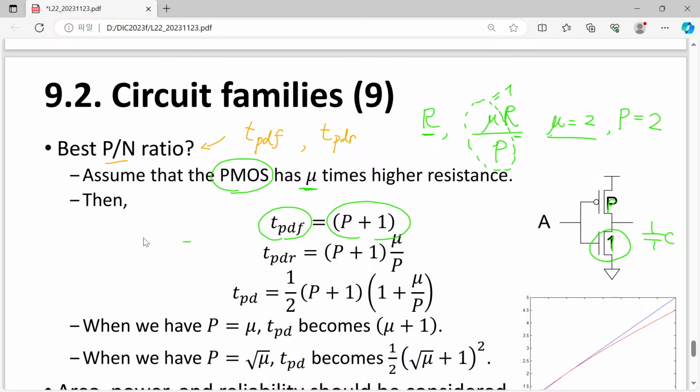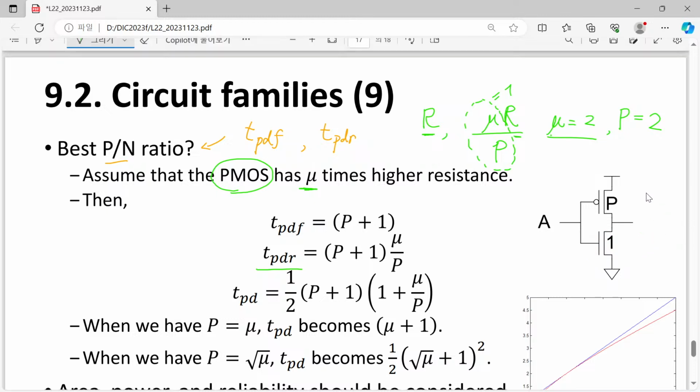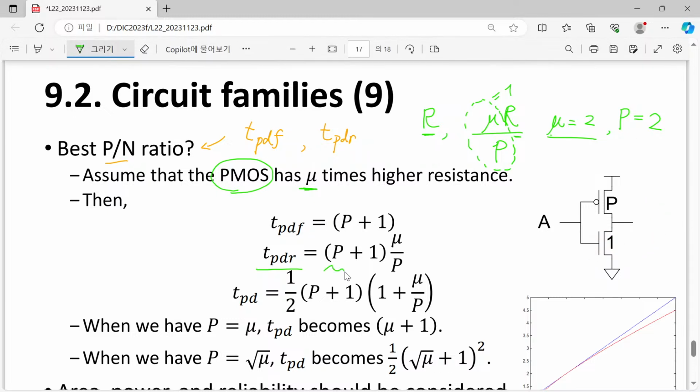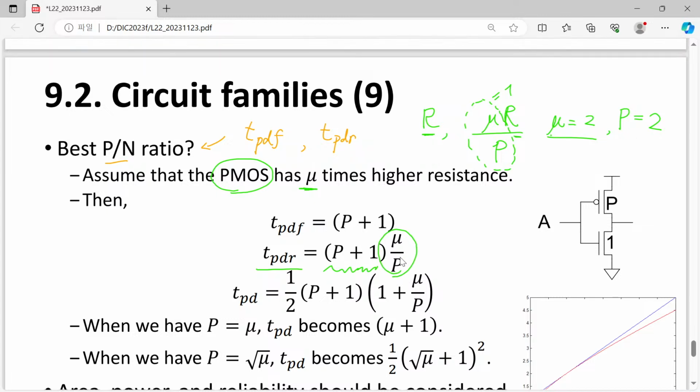And now let's go to the other part. So the rising edge. In this case, we still have the same capacitance. This originates from capacitance, so capacitance is the same. Then we must consider the resistance.